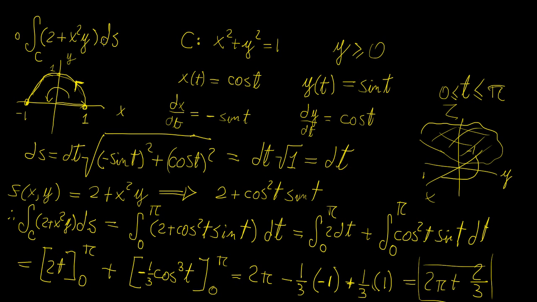Then what the line integral here is telling you is the value of this area that extends vertically upwards. So it's kind of like a wall essentially. So this is the value of the line integral, and it turns out to be 2 pi plus 2/3. And that's it. That's how you find the line integral.